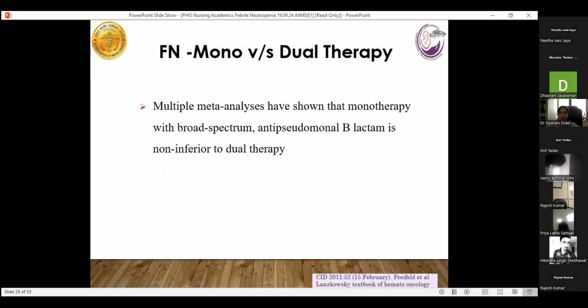Now, what should we give: monotherapy or dual therapy? Multiple meta-analyses have been done, and they have shown that monotherapy with broad-spectrum antibiotics is non-inferior to dual therapy.